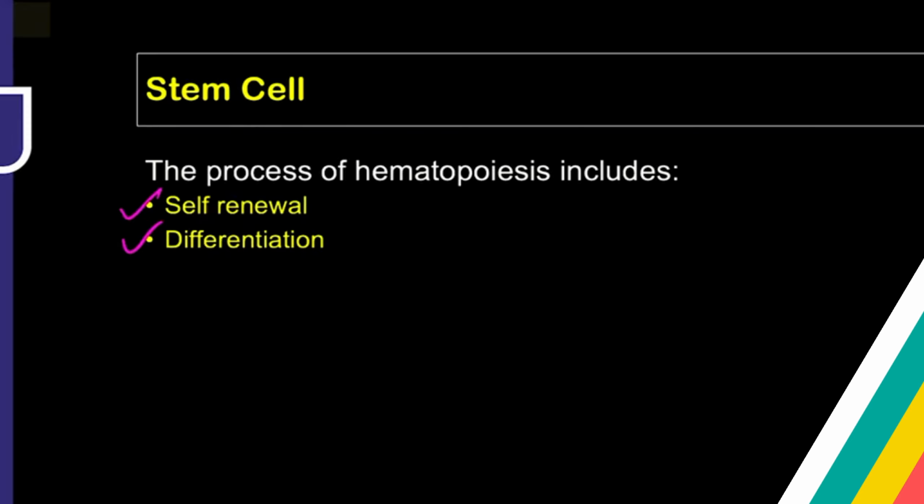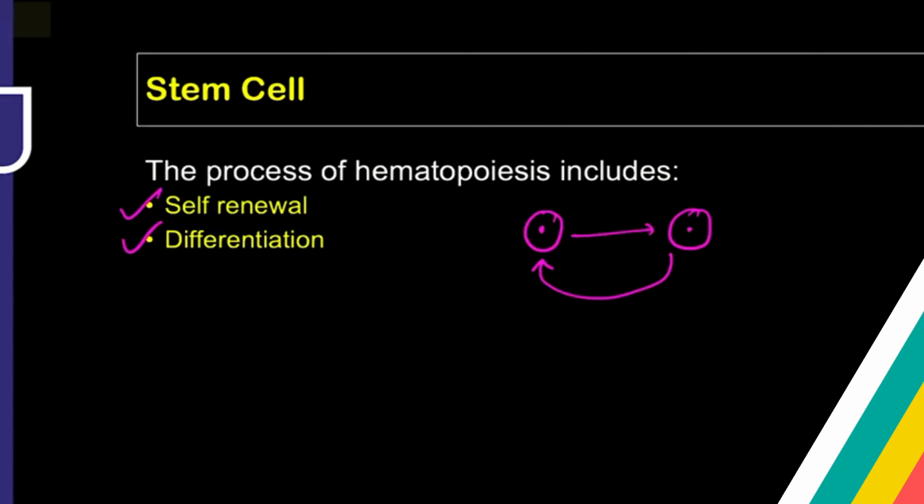Self-renewal means stem cell has to be able to generate similar kind of cell without any differentiation to maintain its population intact, right? So suppose this is one stem cell, it is giving rise to another cell. If this cell contains the same property like that of the original cell, like that of the mother cell, then it will remain in the pool of the hematopoietic stem cell only, and this is nothing but self-renewal.